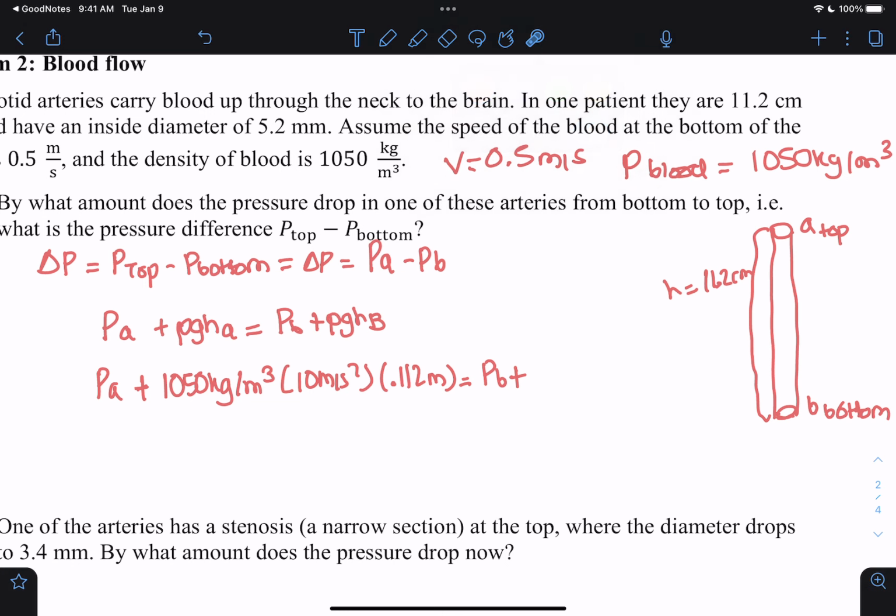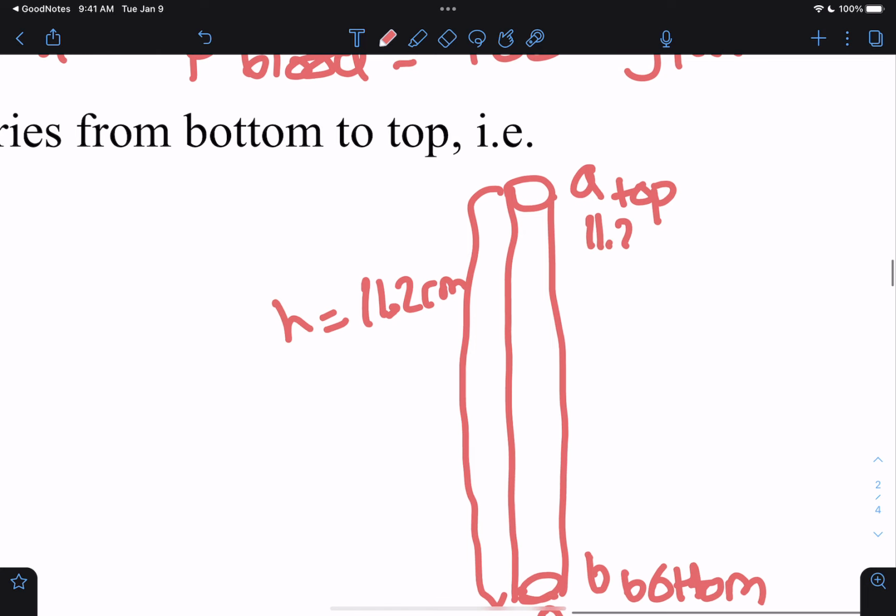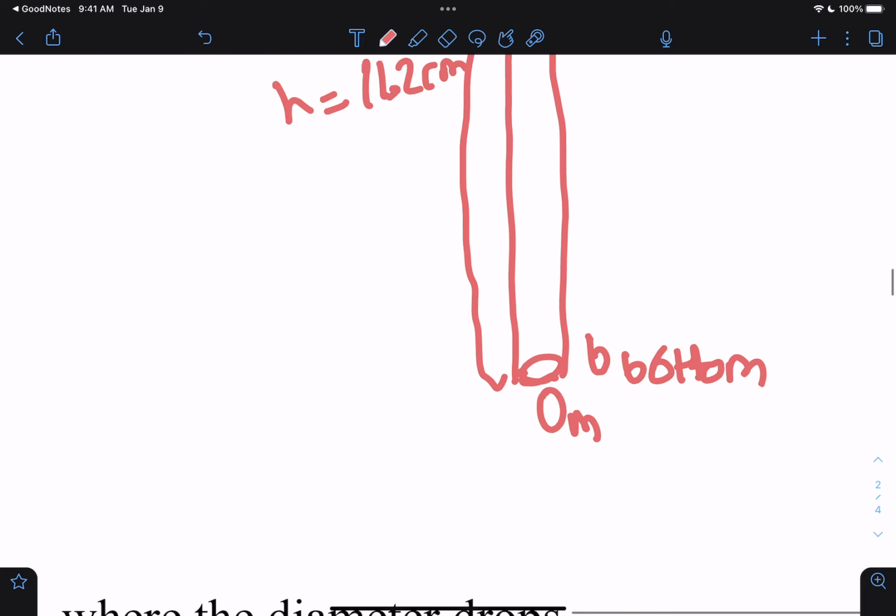So if height is 0, then this whole term goes to 0. So you're just left with PB on the right-hand side here. HB is 0 because this is your 0 point basically. 0 meters. This is 11.2 meters up here. Or not 11.2 meters, centimeters, my bad. 11.2 centimeters and 0 centimeters down there.